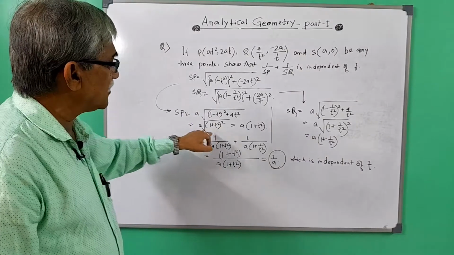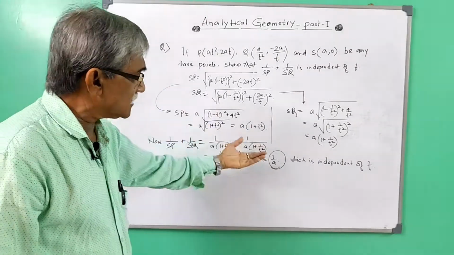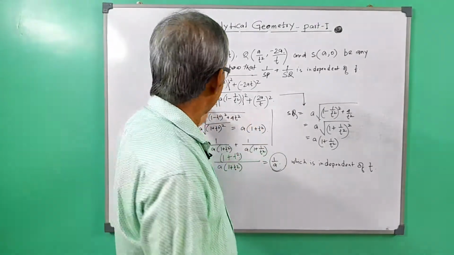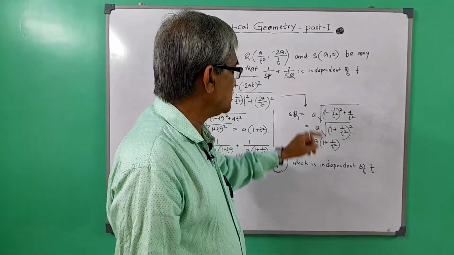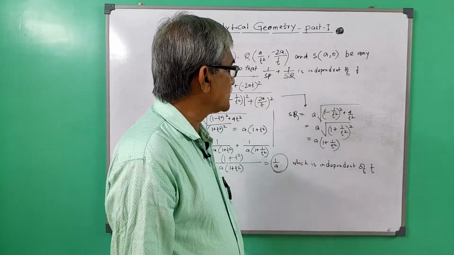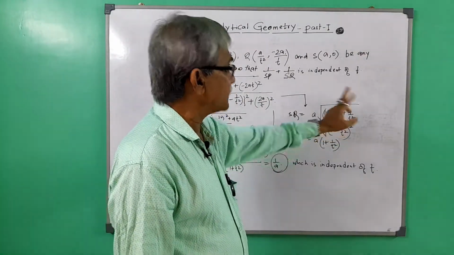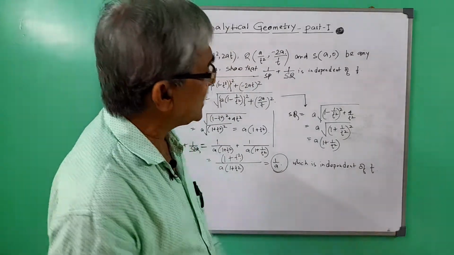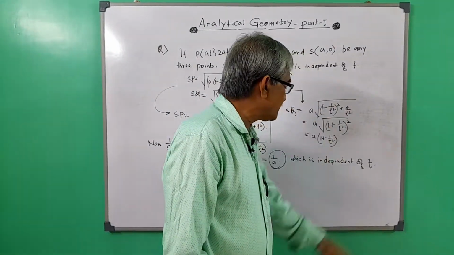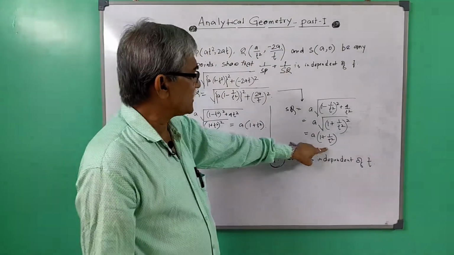So here it is a into (1 minus 1 plus t square) square, and that equals a into (1 plus t square). Likewise, SQ from this expression, you get SQ is equal to a, take out common, under root (1 minus 1 by t square) whole square plus 4 by t square. Once again we are using the same formula which culminates to a into (1 plus 1 by t square).